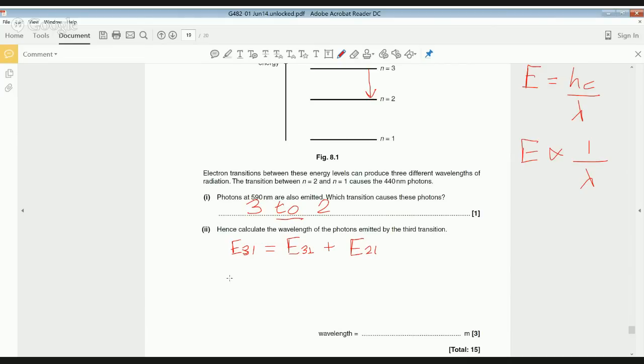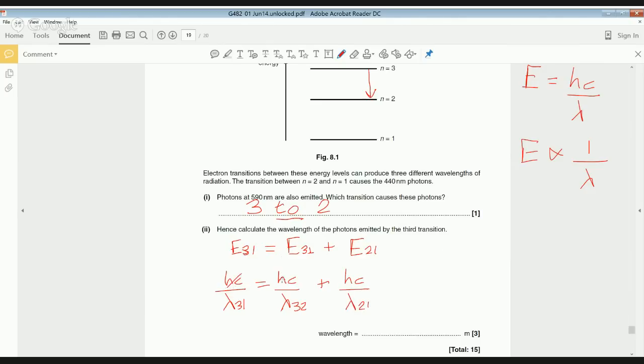And you know in each of these cases that E equals hc over lambda. So hc over lambda 3 to 1 equals hc over lambda 3 to 2 plus hc over lambda 2 to 1.